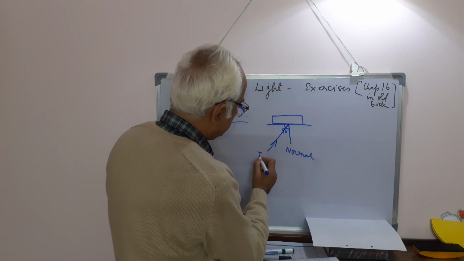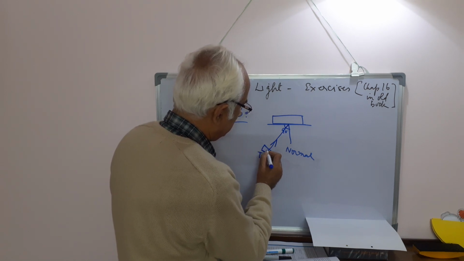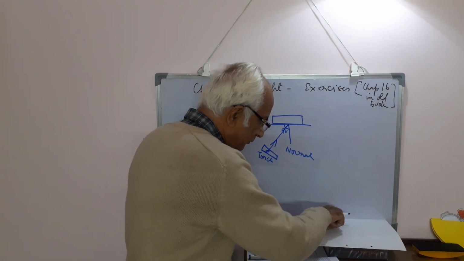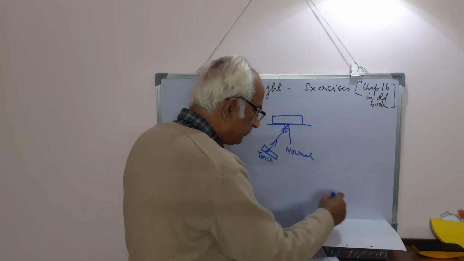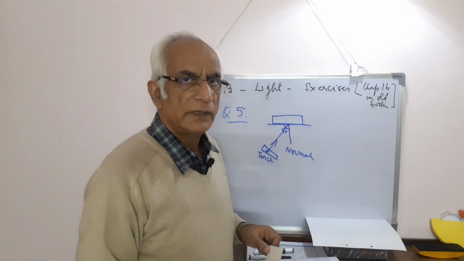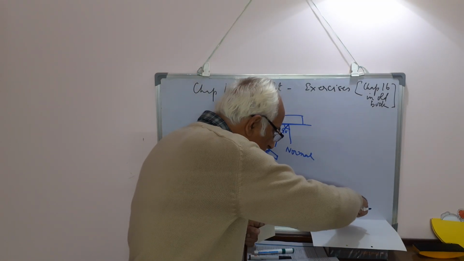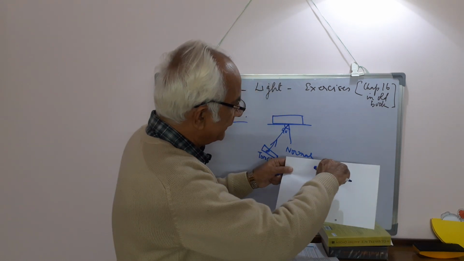This is your torch, and there is a cardboard with a pinhole. Through that pinhole, we'll throw a beam of light, and this beam of light should touch the point where the normal has been drawn. And it should be adjusted in such a way that you can see the beam on the paper.